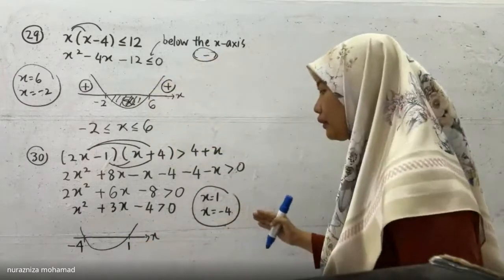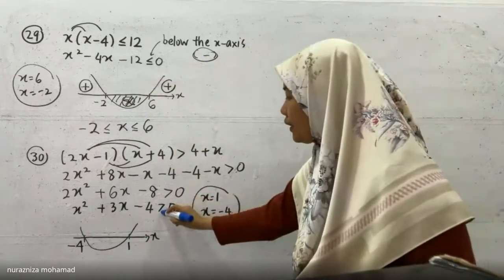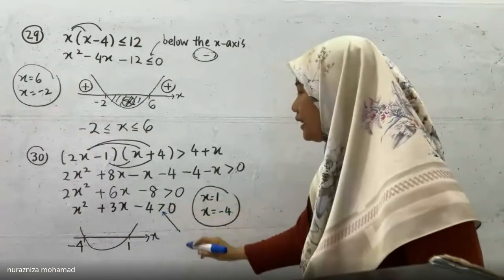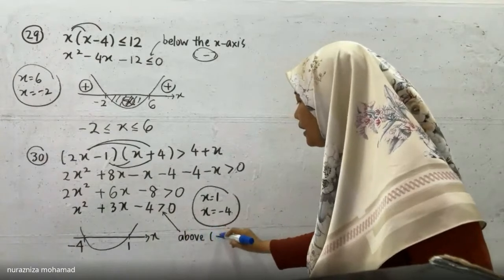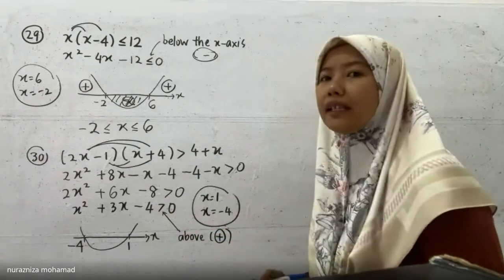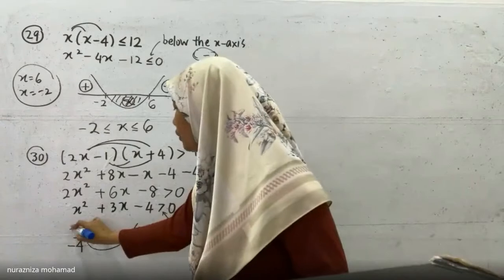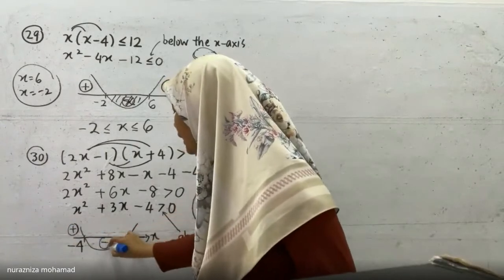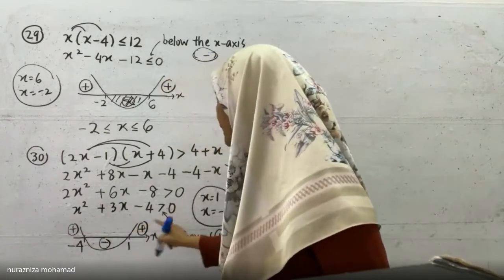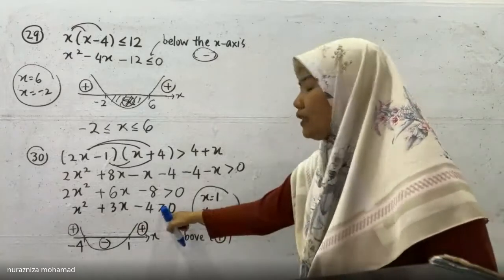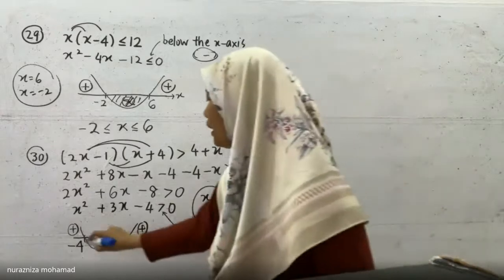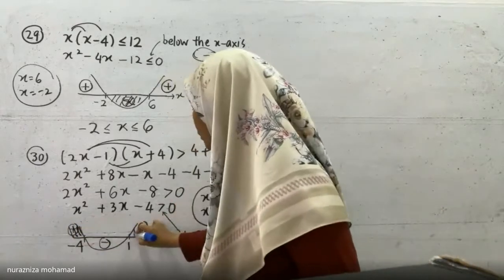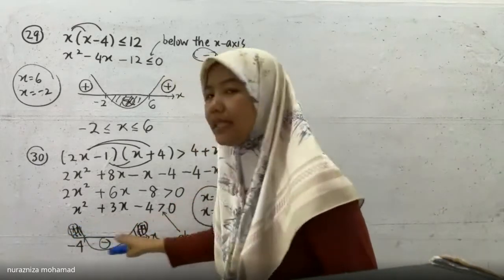So then look at this symbol. This symbol is greater. Greater means above the x-axis, which is the positive part. Okay, there are three parts, positive, negative, positive. Since we want greater than 0, so we choose the positive part. So x will be here and also here. So the x is split.